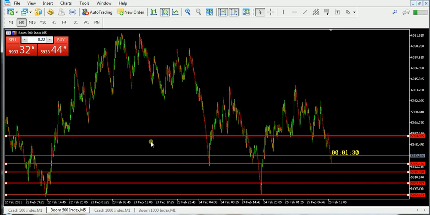Once you plot them on the 5 minutes time frame, you go back to your 1 minute time frame to catch your spikes.